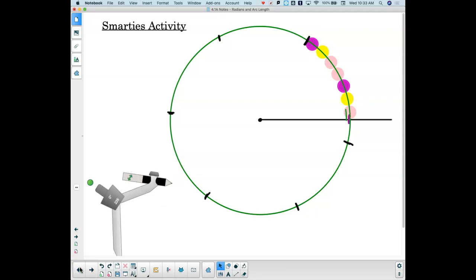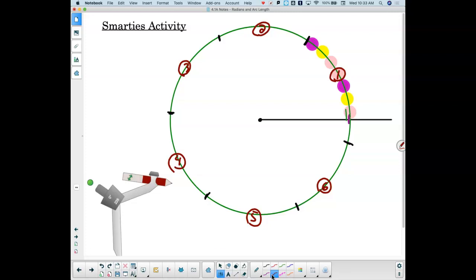Okay. How many sections did you just divide your circle into? Count them up. So I got 1 section here, 2 here, 3 there, 4 there, 5 there, 6 there, and then I got a little extra chunk, right?